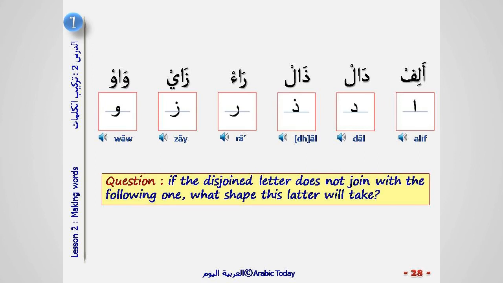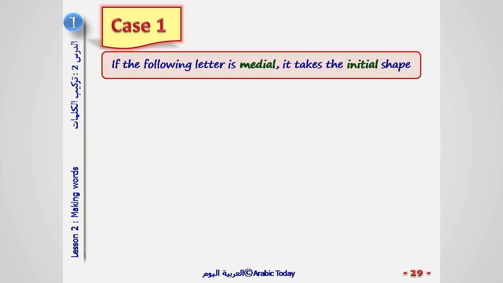But then you may ask, if the disjoint letter does not join with the following one, what shape will this letter take? To answer this question, 2 cases must be considered. Case 1. If the following letter is medial, it takes the initial shape.